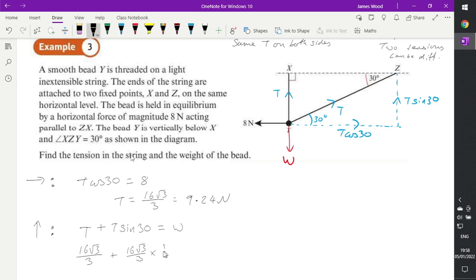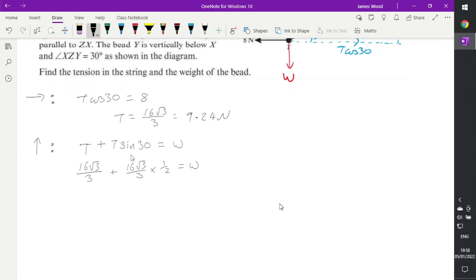Times sine 30, which is a half. So now I can work out W. So W is 8 root 3, or about 13.9. And because it's the weight, that is still in newtons.